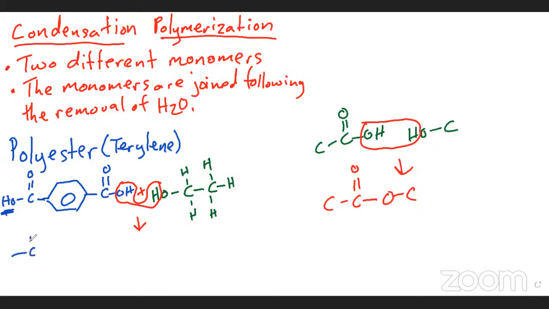So it will start like that. The reason being, we are just drawing a small or partial structure of the polymer, so we need to show that it can continue. And so you will have a free end here and your square bracket again. So the C double bond O is kept, the OH is gone, the H is gone. Next in line is the oxygen.